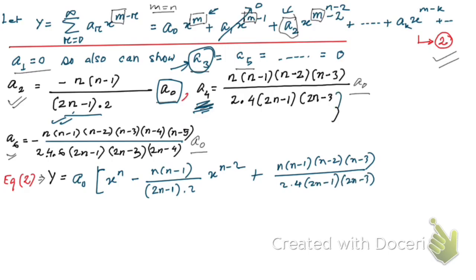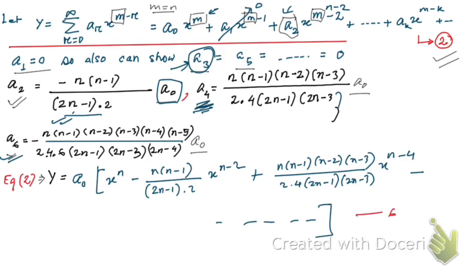A naught is taken common, then we're gonna have x to the power, sorry, not m, here we're gonna have n minus 4, then again we're gonna have a negative term, then we're gonna put a6 and so on. That's what we're gonna have.